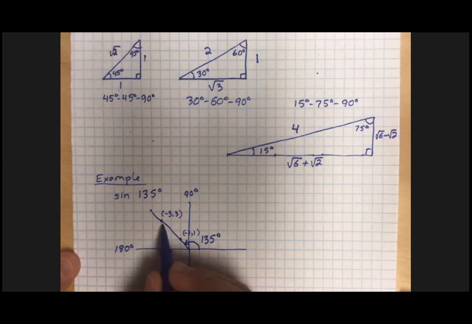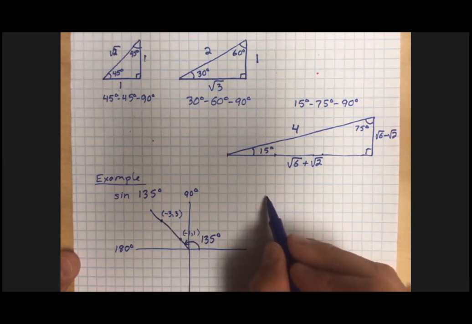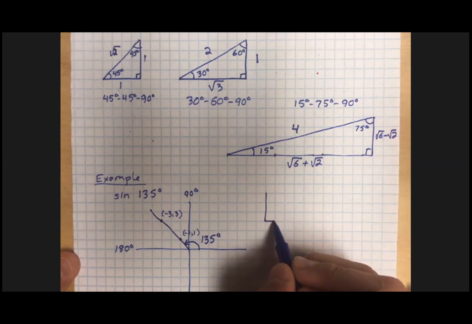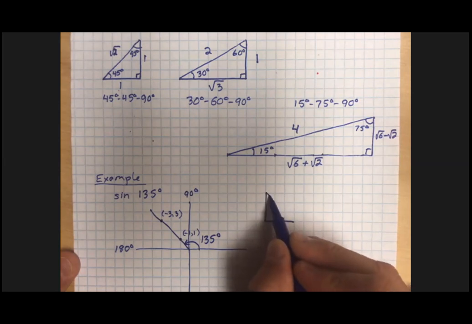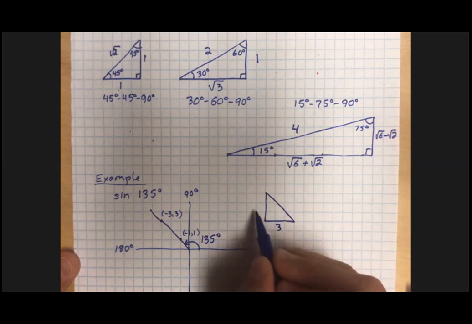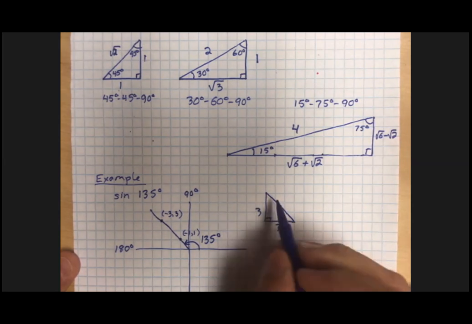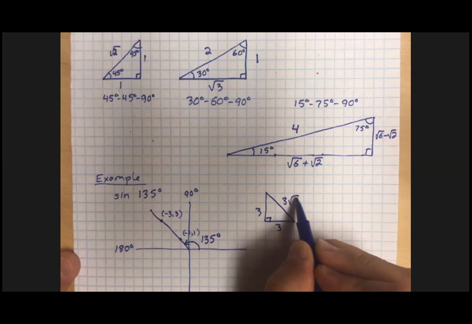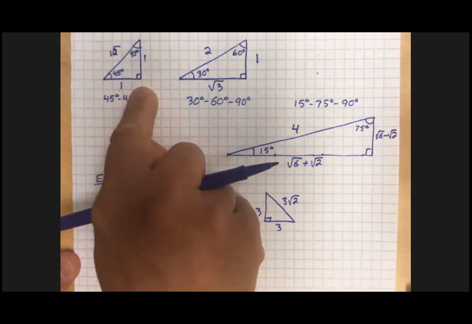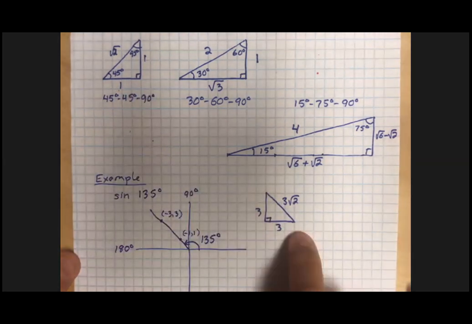Now from that, can you name how far this is from the origin to that point? Well, yes, you can, because you've got the famous 45, 45, 90 triangle. If this is 3 and this is 3, size-wise, what's the hypotenuse? 3√2. All you have to do is multiply the leg by √2.